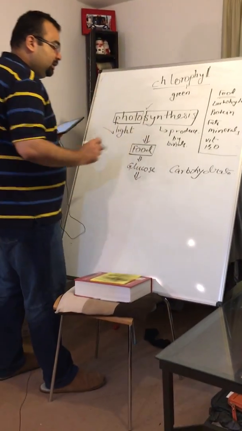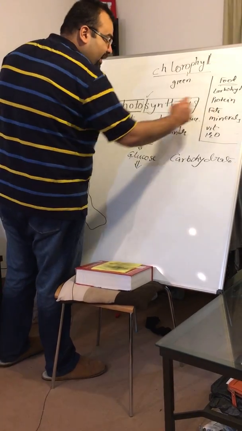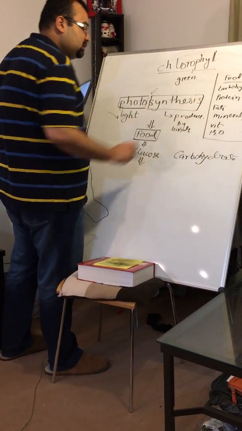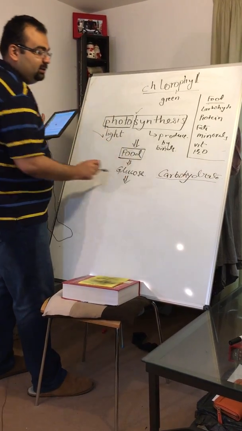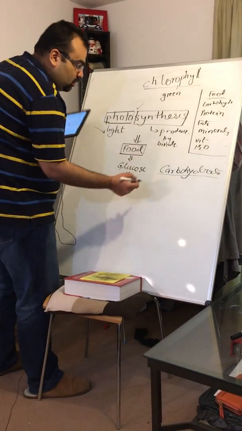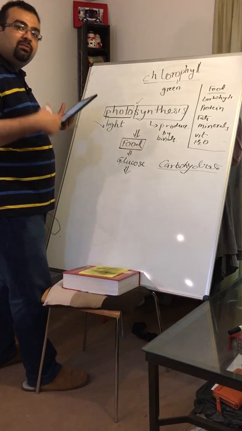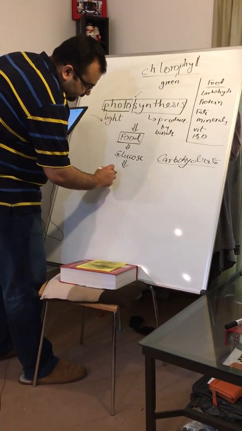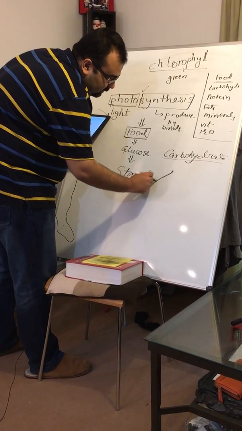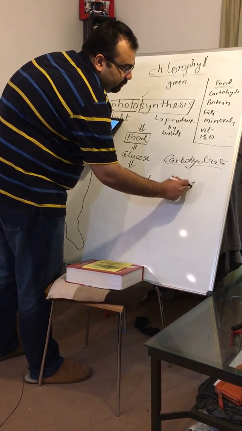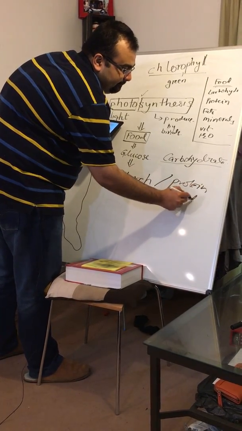So when the plant produces the food, it does not produce fats, it does not produce proteins, it does not produce vitamins, it produces carbohydrate, which is later on converted by further chemical reactions into starch, and then later on into protein, etc.